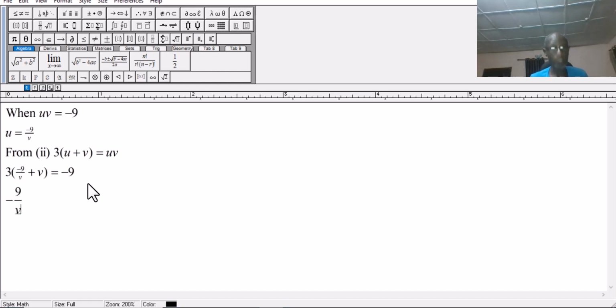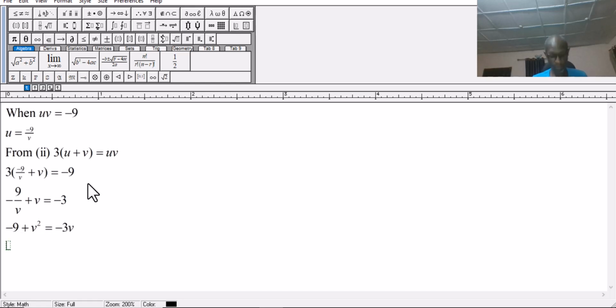So I have 9 over v plus v equals minus 3. So let's simplify this. I'm going to multiply everything through by v. So we now have minus 9 plus v squared equals minus 3v.